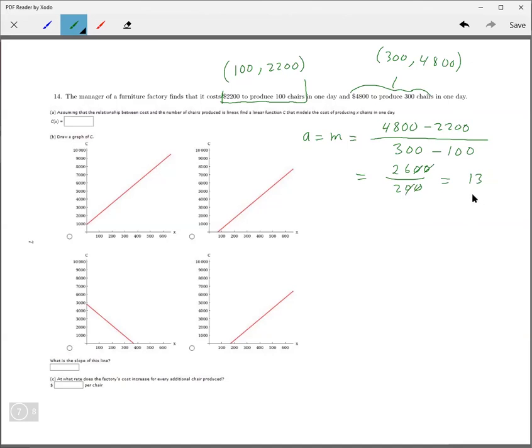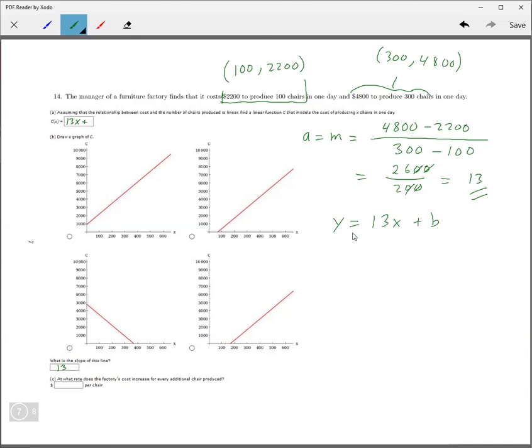So 26 divided by 2 is 13. So 13 is going to be the slope of the line. So we can go ahead and put a 13 right there. Also, the cost is going to be 13x, but then there's going to be plus some other value here.